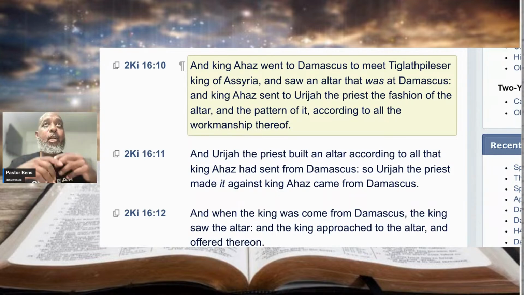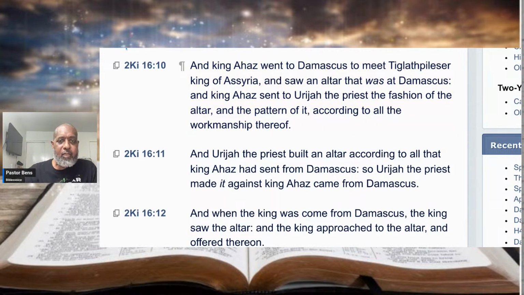Watch this. Not to call on the Most High, but he sent for Urijah, the priest, the fashion of the altar and the pattern of it, according to, watch this, all the workmanship thereof. All the workmanship of what? The altar at Damascus, where they were worshiping idol gods.